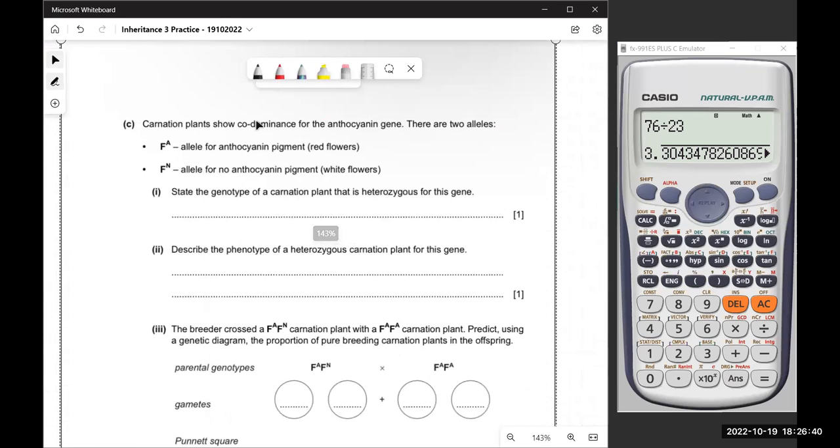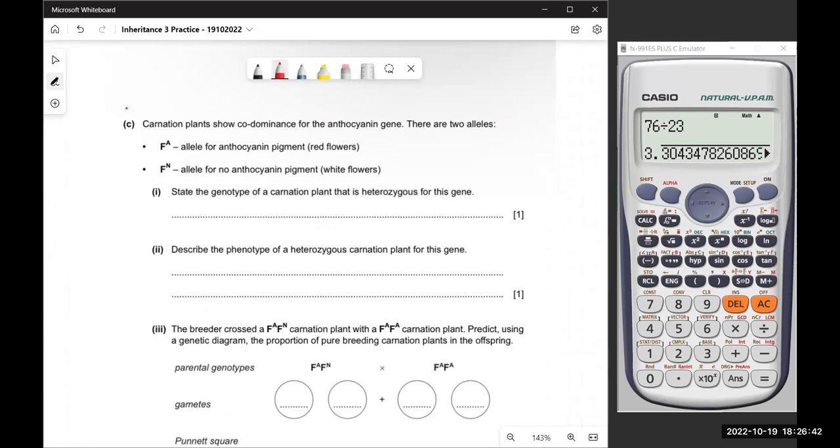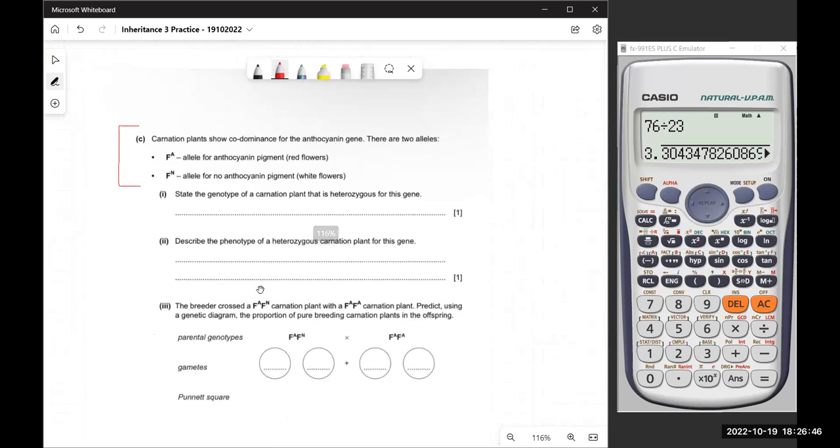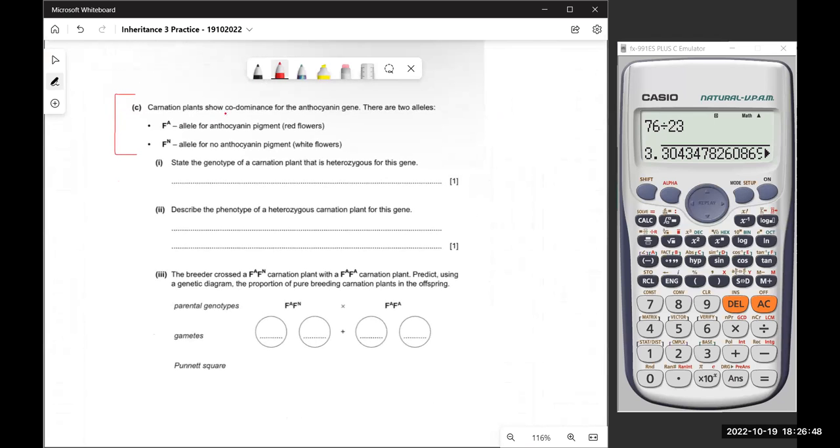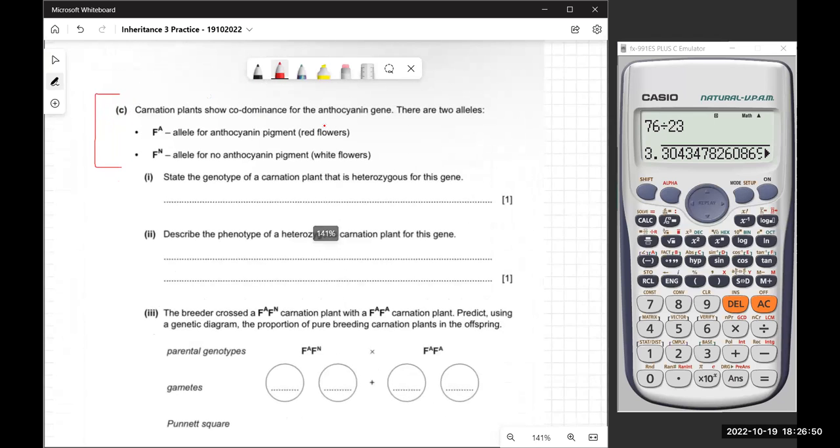Okay. Carnation plants. Luna, read the third question. Carnation plants show codominance for the anthocyanin gene.